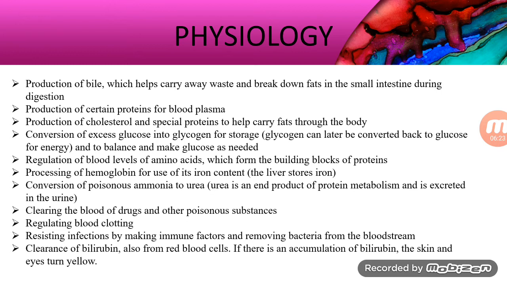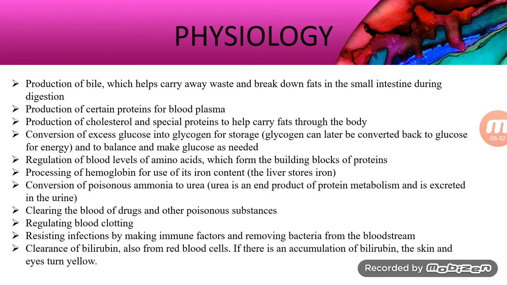Okay, whenever we need energy, at that time those stored glycogen will be used. So the conversion of excess glucose into glycogen and then storage of that glycogen is also done by the liver.